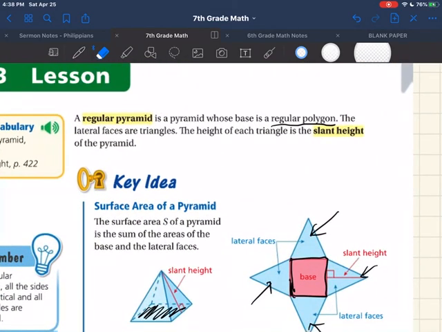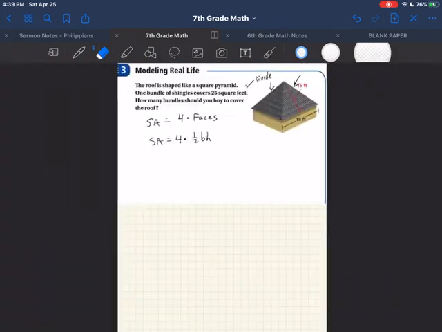Yeah, slant height. The height of each triangle that is part of the lateral faces is called the slant height. Basically it's this triangle's height, but since it's slanted, they call it the slant height. I don't think I said that.